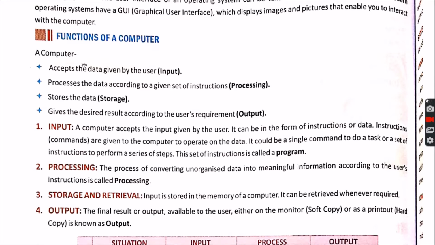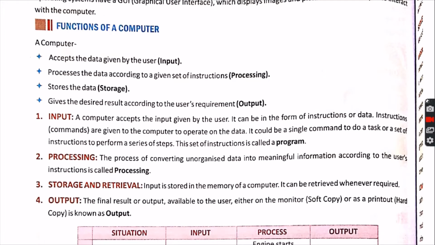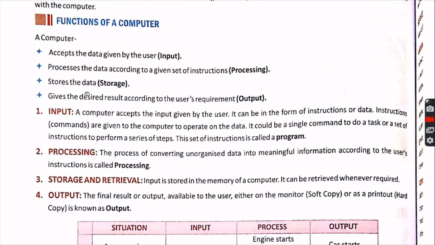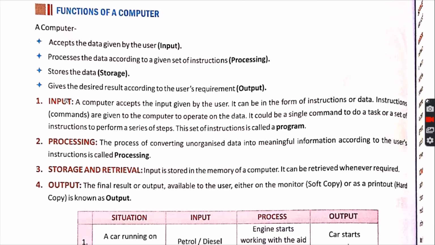A computer is a machine which accepts the data given by the user, meaning the person who uses the computer, processes the data according to the given set of instructions, that is called processing, and stores the data on the hard disk or RAM wherever it has the space or the way the user is using.